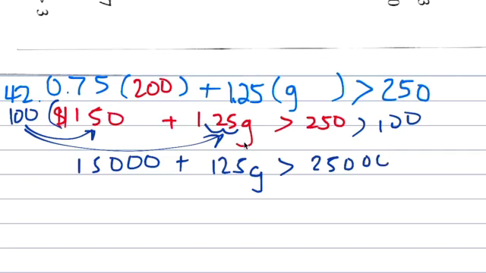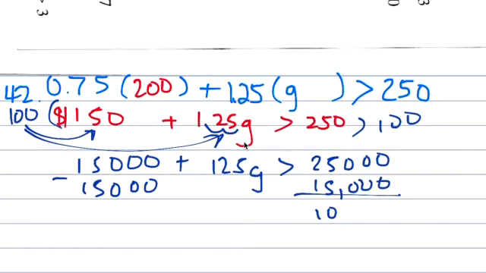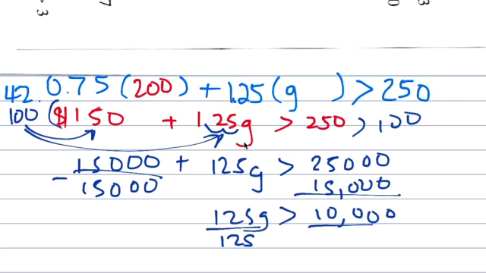Add 2 zeros. Subtract 15,000. Subtract 15,000. You get 10,000. No, 5,000. Yeah, 10,000. Okay, and then that greater than 125G. Okay, and then divide by 125 to both sides.